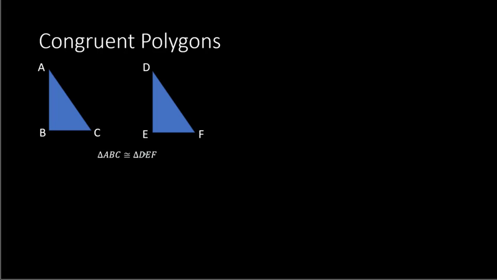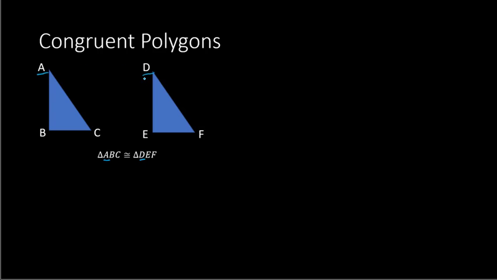Now take note that the order does make a difference when you are saying that two shapes are congruent or even similar, as we'll discuss in the next part of the lesson. So we see here A is at the top, D is also at the top. Those are corresponding vertices. So if we put A first for triangle ABC, in the other triangle, the corresponding vertex D needs to come first as well.